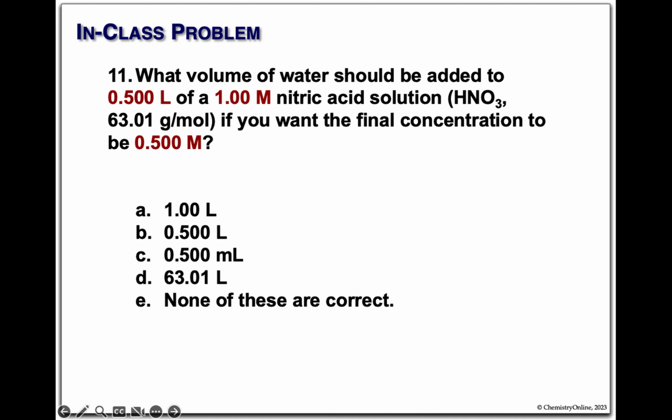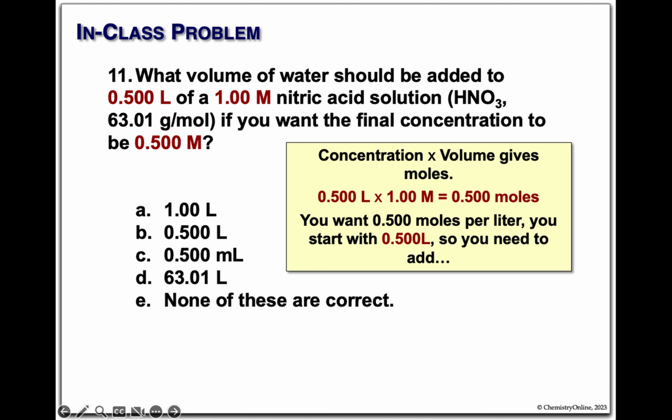Well, concentration times volume is going to give us moles, right? We have 1 molar, and we have 500 mils of it. So 0.5 liters times 1 molar, we have half a mole.